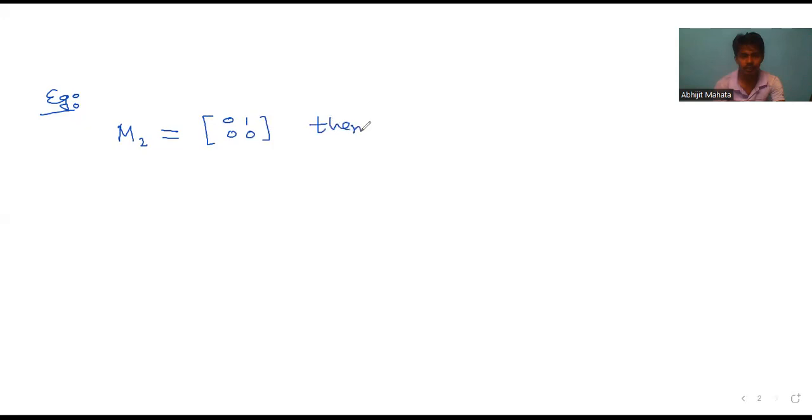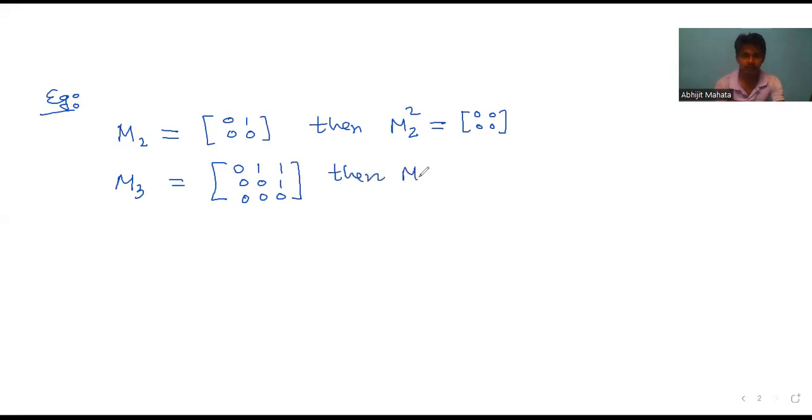Then you can check that M2 squared equals the zero matrix. So it has index 2. Similarly, if you take M3, it's like this: 0 1 0, 0 0 1, 0 0 0. If you take this matrix, then M3 squared will be a non-zero matrix, and M3 cubed will be the zero matrix.